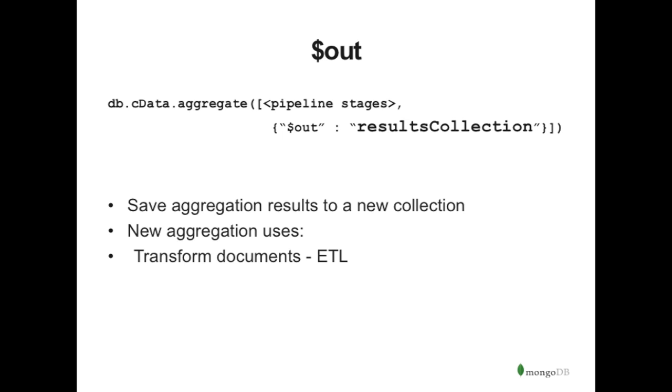So like I talked about, the $out essentially enables you to save your results to a new collection, and enables new aggregation uses where you can do document transformations or ETL processes right from within MongoDB.